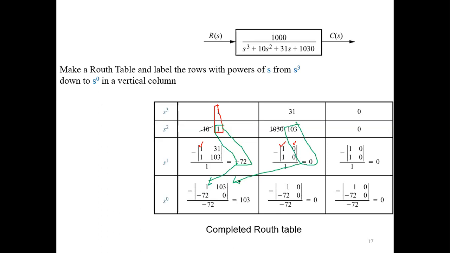By solving these values, we get 1 1 minus 72 and 103 in this column. We have formed the first and second row using the coefficients of the polynomial of the denominator.